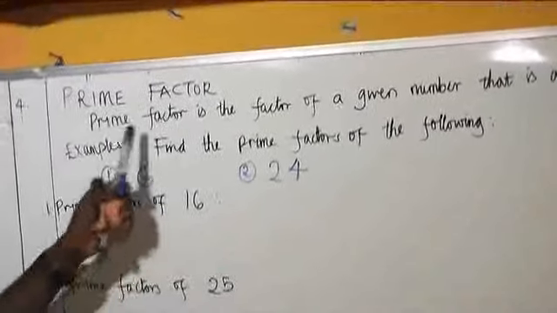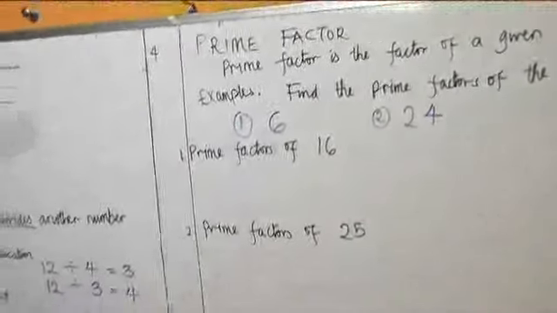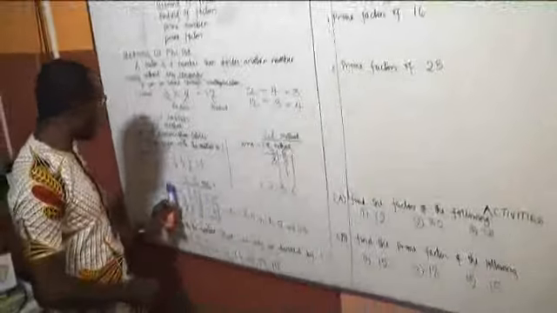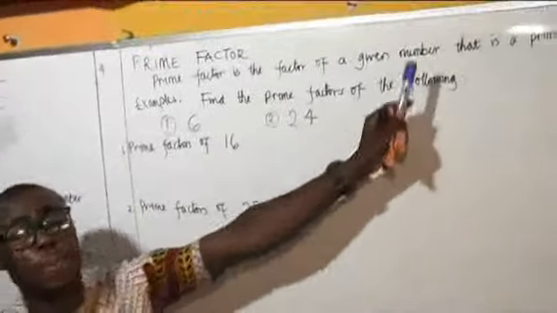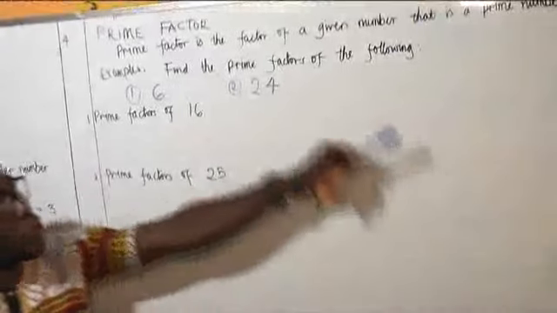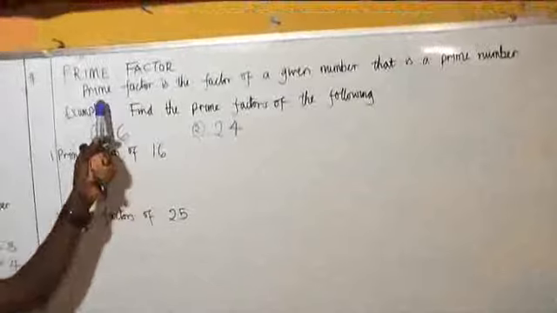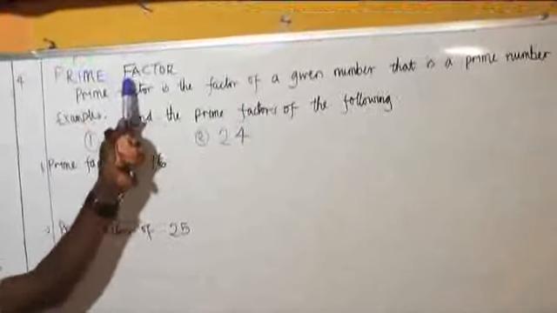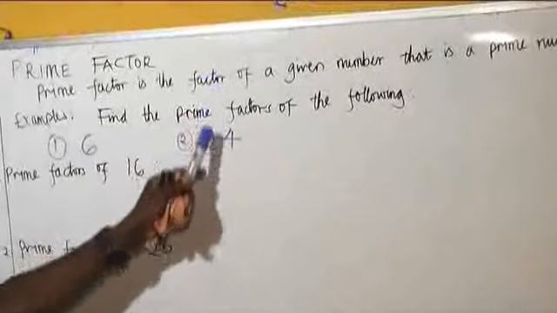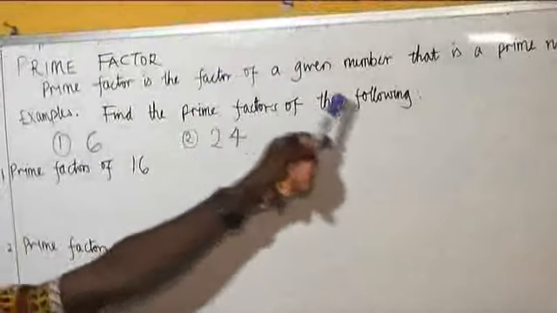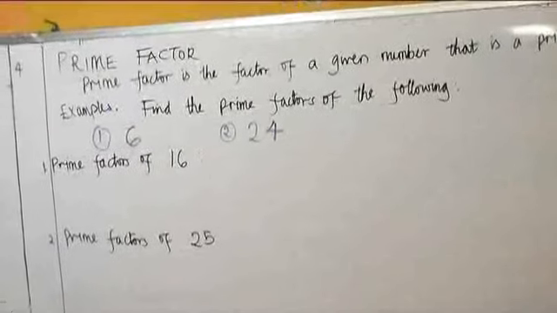For every factor that you have, in which we have shown how to find factors, you only pick the ones that are prime numbers. Those prime numbers that you have picked out of the list of factors are termed prime factors. I believe you understand. Just highlight all your factors, bring out all the ones that are prime numbers, and that is all about prime factors.